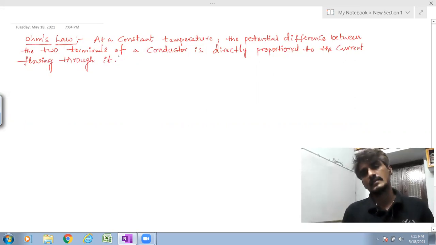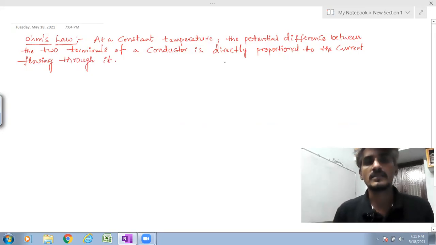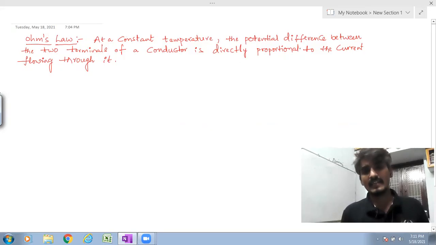Okay, see here, how do we explain this? At a constant temperature, the potential difference between the two terminals of a conductor is directly proportional to the current flowing through it.